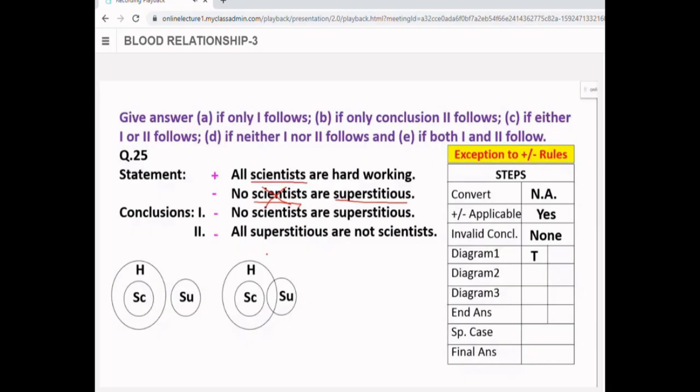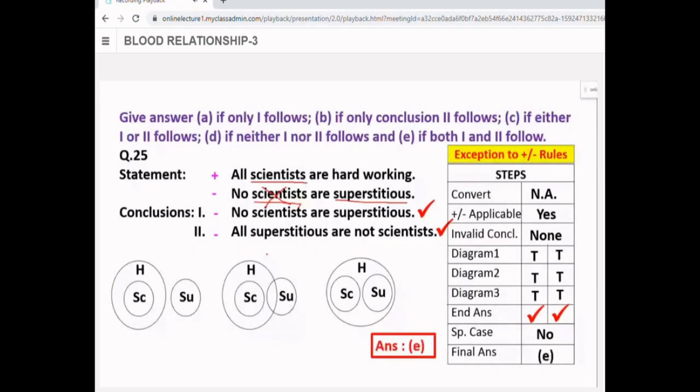The statements say no scientists are superstitious, so superstitious should not cross scientist, but it can cross hardworking. So here also true, because scientists and superstitious are separate. Third diagram also true. So all three true. Then the second conclusion, all superstitious are not scientists. True. Second also true, third also true. Special case, no. So the answer is E.